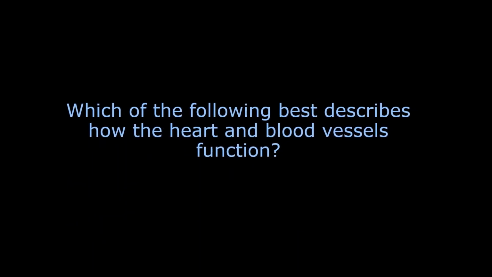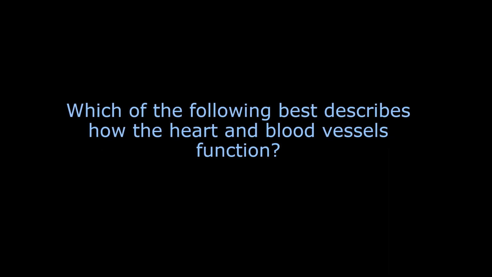Which of the following best describes how the heart and blood vessels function? Okay. Key term is function. So I'm looking for physiology, right? Remember, anatomy is structure. So if I see function, I immediately think physiology. And if I see heart and blood vessels, I immediately think the CV system, right?